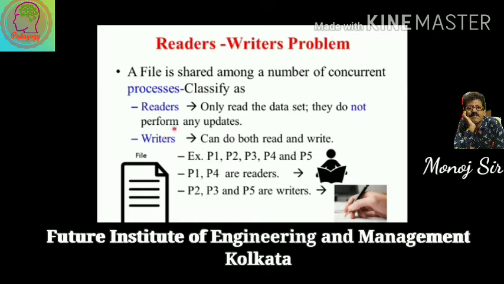Suppose we classify the problem as: readers only read the file data, they do not perform any updates, and writers can do both read and write. We assume there are 5 processes P1, P2, P3, P4, P5, where P1 and P4 are readers and P2, P3 and P5 are writers.